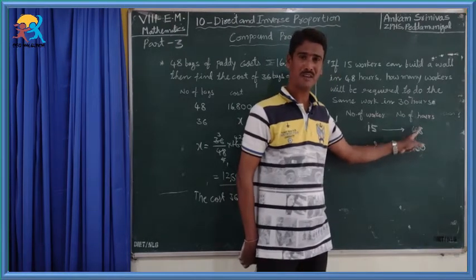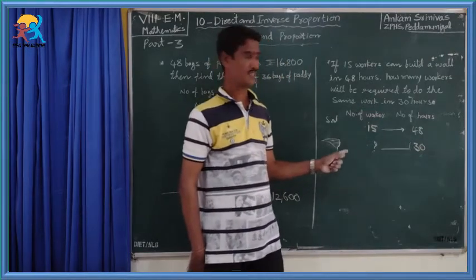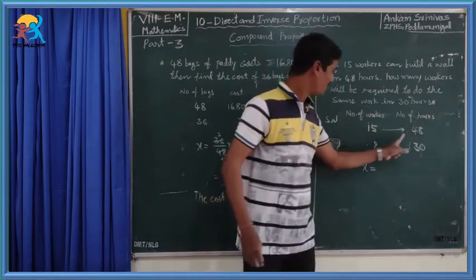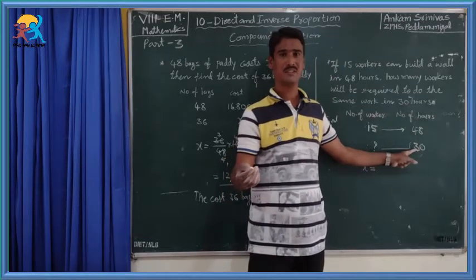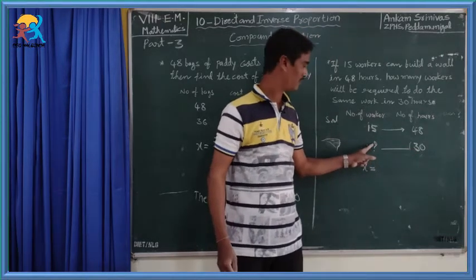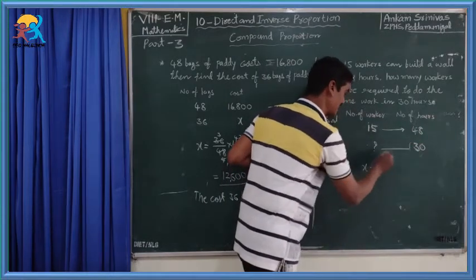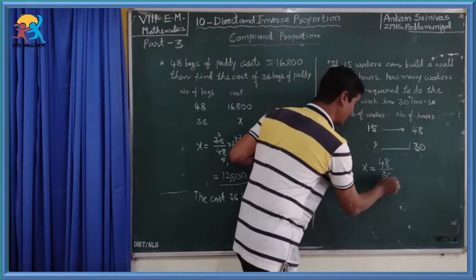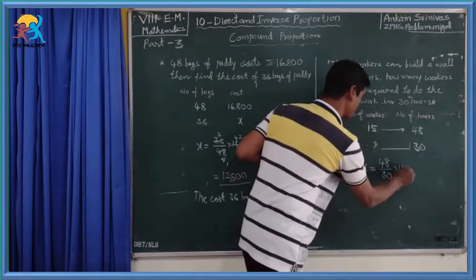To complete the work in less time, we require more workers. So we will get a more value here. To get this answer, you have to write more by less. More by less: 48 by 30. 48 is more than 30, into 15.